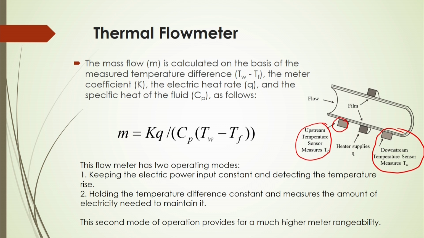If heat is supplied as Q amount here, then from the meter coefficient, that means by considering the loss coefficient of the heat, and from the electric heat rate and the specific heat of the fluid, you will be able to calculate the mass flow rate of the fluid as K into Q divided by Cp into Tw minus Tf. This is simply Newton's law of cooling.